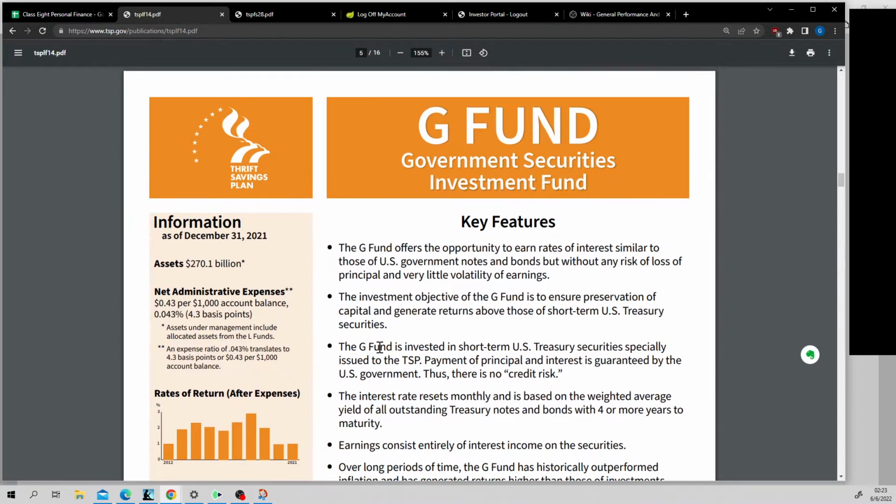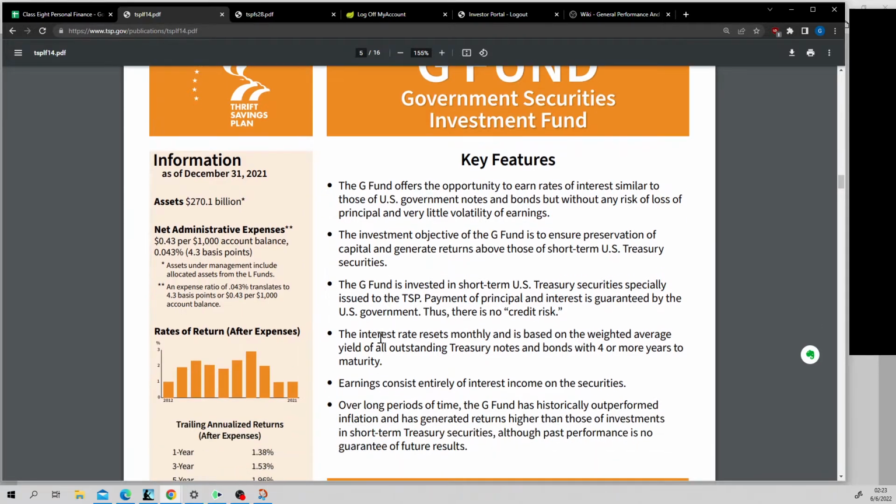And so right now, the G fund rate for this month and for last month is 3%. And that's pretty good. That's on average to probably like a 5-year Treasury bond. I'd have to look up the Treasury yields to be sure on that.